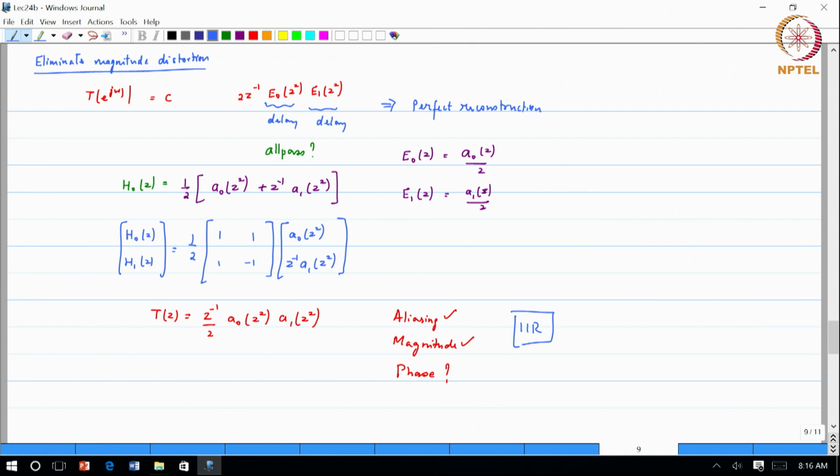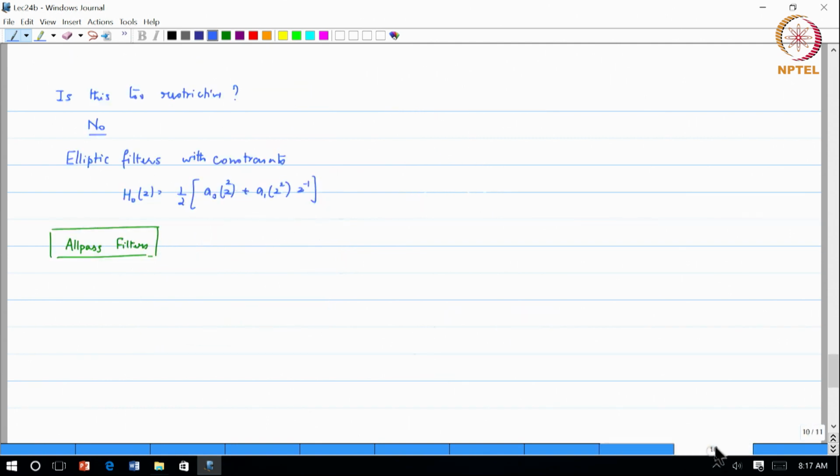The last time we forced them to be delays, it is not necessary; we said that they could be all pass filters, and if they are all pass filters then the transfer function comes out to be T of Z equals Z inverse by 2 A naught of Z squared A 1 of Z squared. A naught and A 1 are all pass functions, so therefore you get a perfectly flat T of Z response, and all you need to now worry about is how do you get good filters, and in the process what has happened to the phase. Okay, so that is the part where we have stopped.